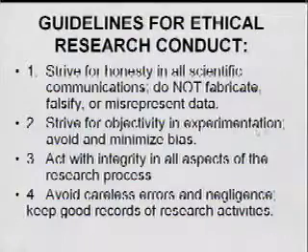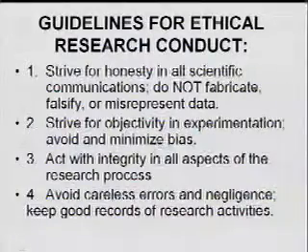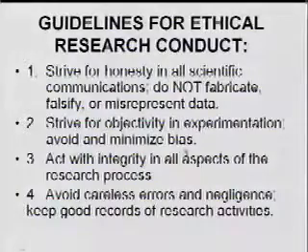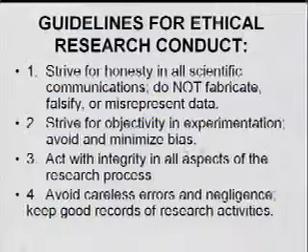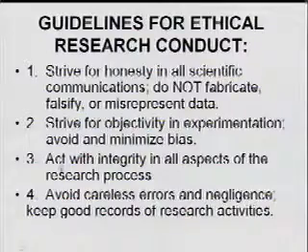Strive for objectivity in experimentation. Avoid and minimize bias. We will talk about bias. We'll define different types of bias in the experimental design part of the course and become much more familiar with bias conceptually and factually and even practically. And act with integrity in all aspects of the research process.